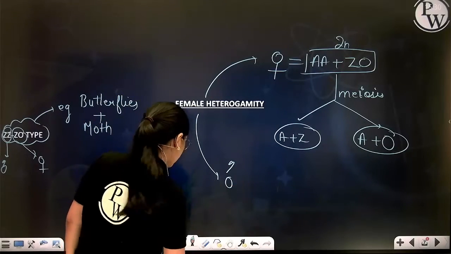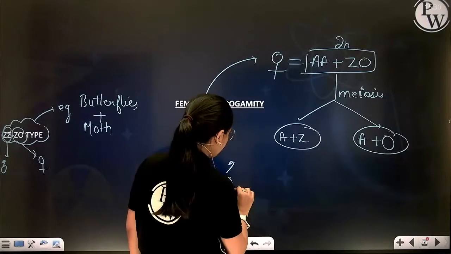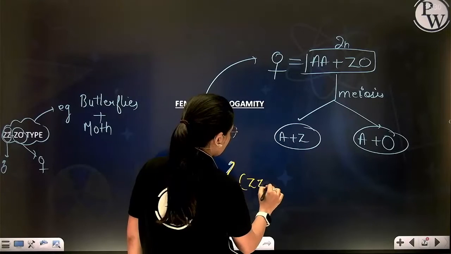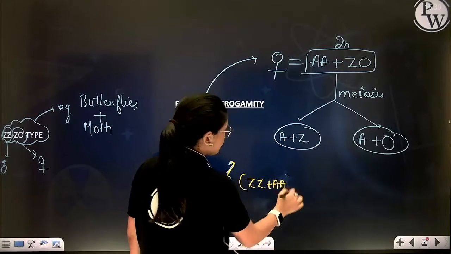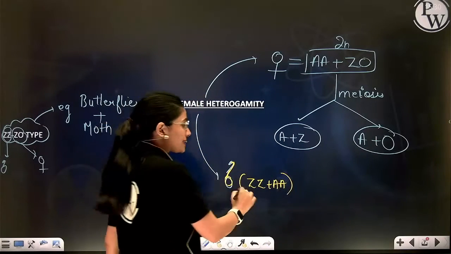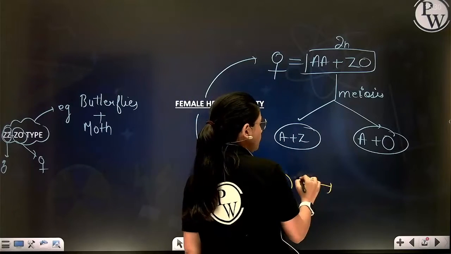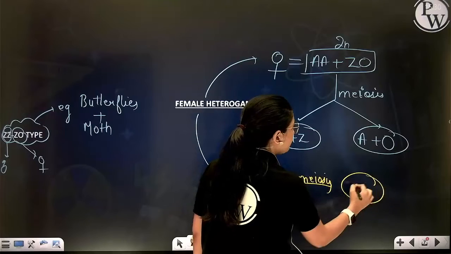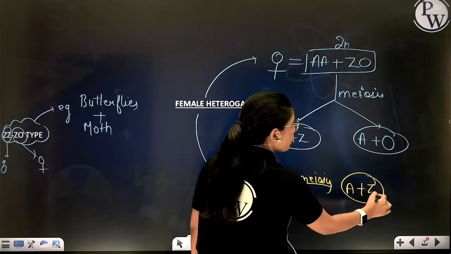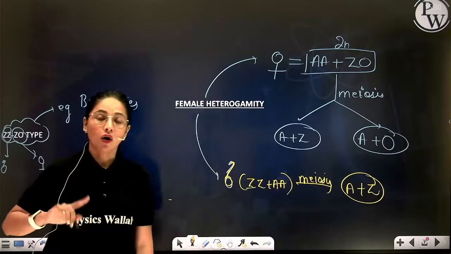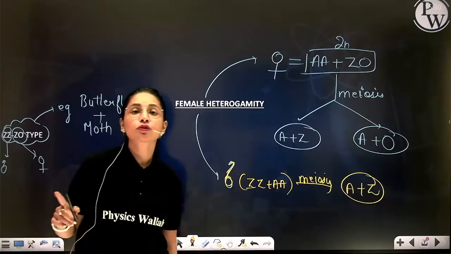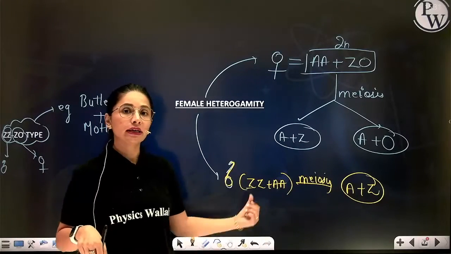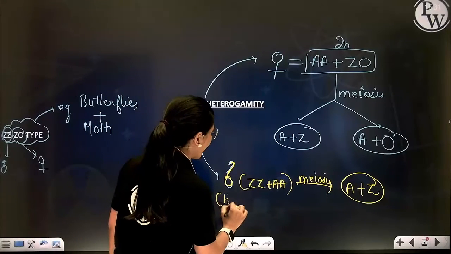Now this is about females. Check the males. In males the arrangement is ZZ type. That means a diploid cell having this set of chromosomes, when it undergoes reduction division, will only produce one type of gamete having autosomes plus a sex chromosome, which is always going to be Z. So here males show the homogametic condition.